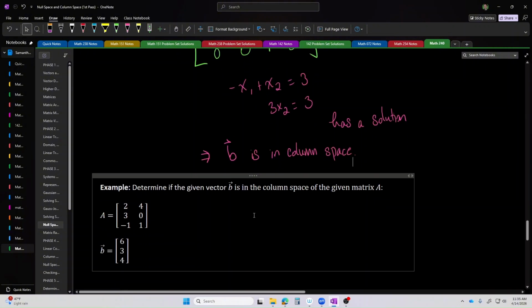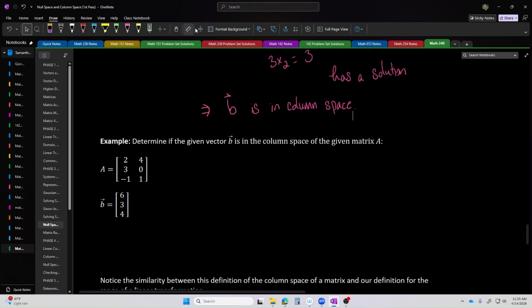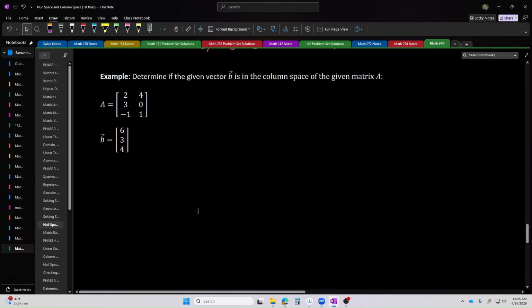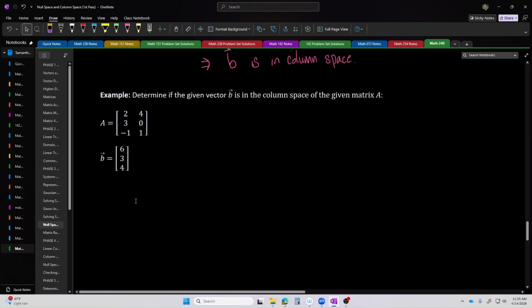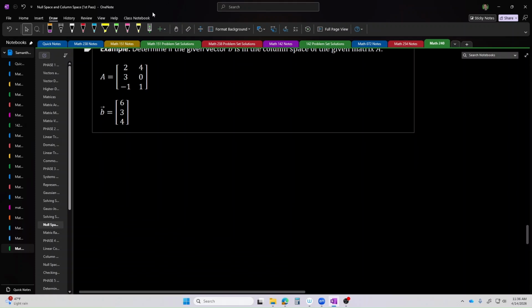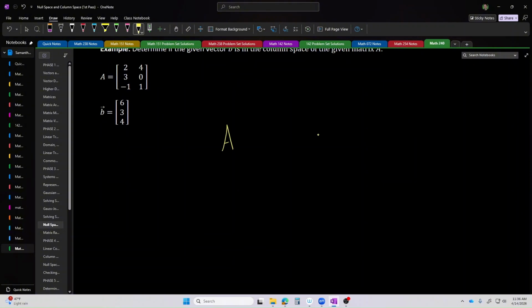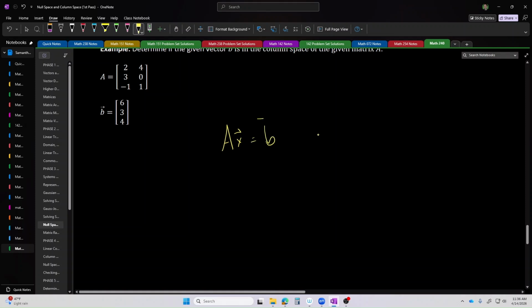Now, by contrast, suppose that for that same matrix A, I change the vector B, and now the vector B is 6, 3, 4. Let's go through that same process and see if this vector B is in the column space of the matrix A. So once again, what I'm trying to figure out is whether the equation Ax equals B has a solution.